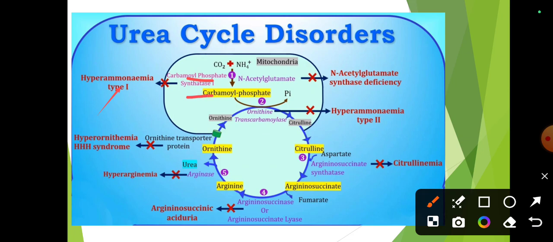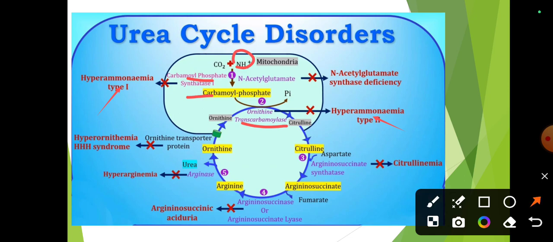There is no formation of carbamyl phosphate, then accumulation of ammonium ion. Second is hyperammonemia type 2. In hyperammonemia type 2 there is a defect in the enzyme ornithine transcarbamylase, and there is no formation of citrulline from ornithine, and again ammonia accumulation occurs.